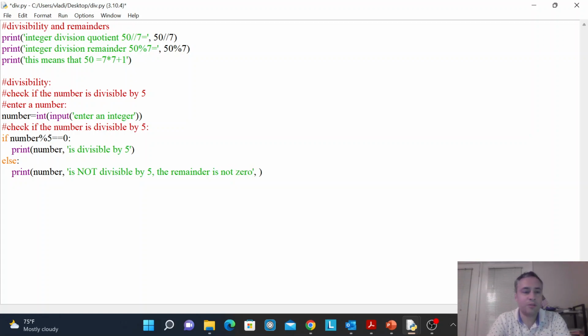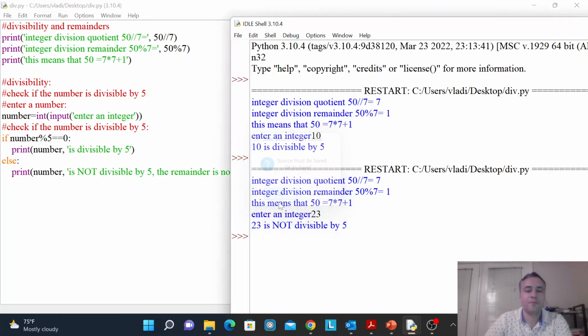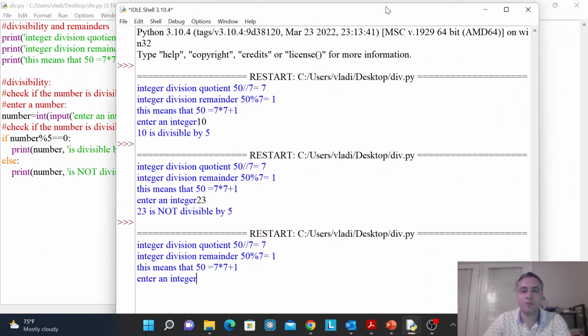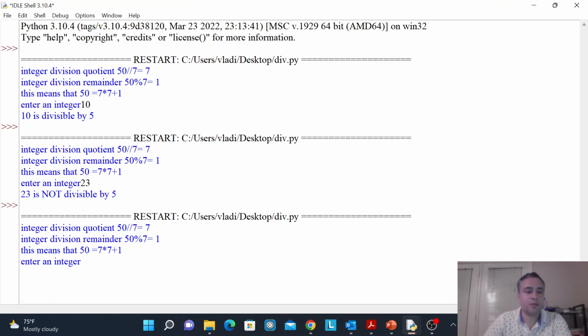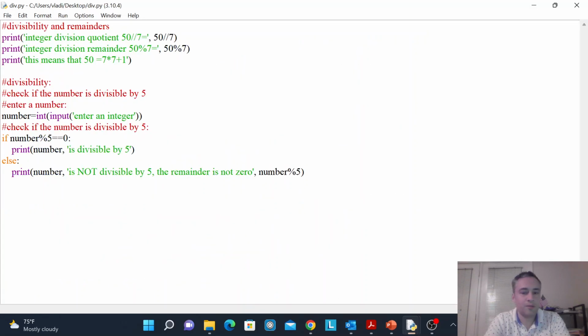In particular, it's equal to number remainder 5. Okay, so let's rerun it again and see how it works now. Enter an integer, 34. 34 is not divisible by 5. The remainder is not 0. Well, okay, it is 4.